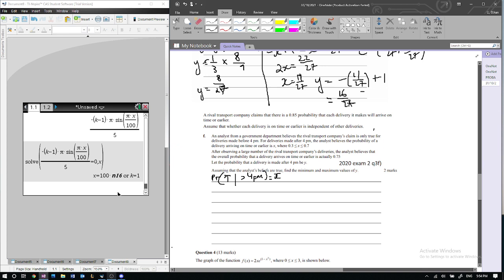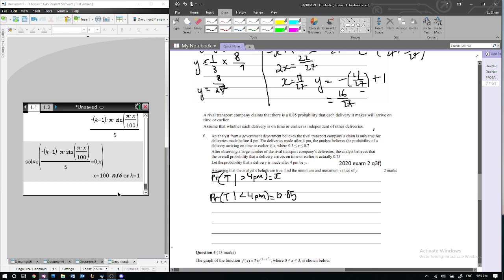And then the next statement: it says here that it's 0.85 for it to arrive on time, and then the analyst says it's true for deliveries made before. So you can say that given it's before 4 p.m., the chance of being on time is 0.85.